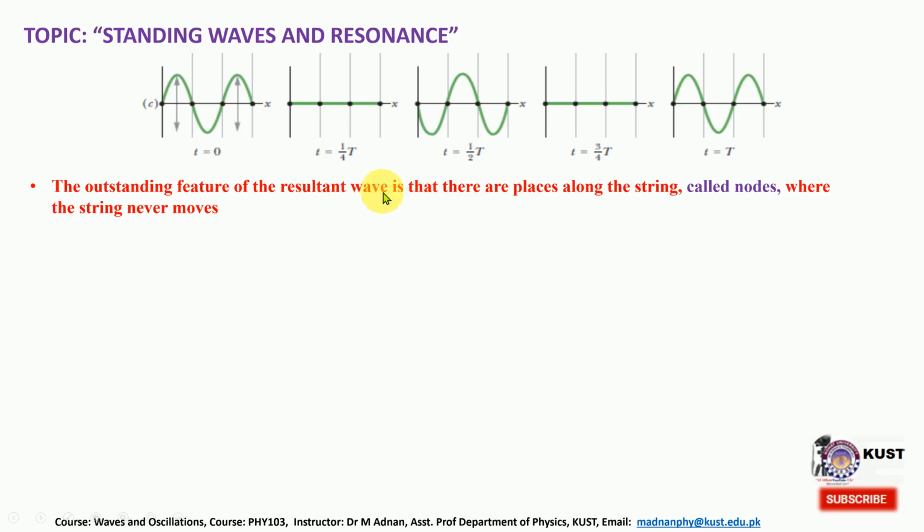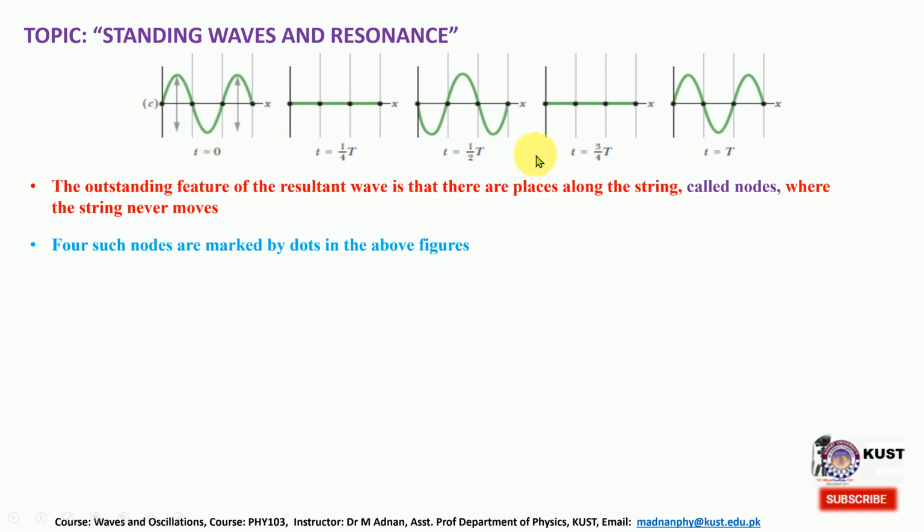In the resultant wave there are places along the string, as I told you, called nodes, these black dots, where the string never moves. They are just stationary points. Four such nodes are marked by dots in the above figure. That is, this one, this one, this one, and this one. These are the four dots across all the snapshots.